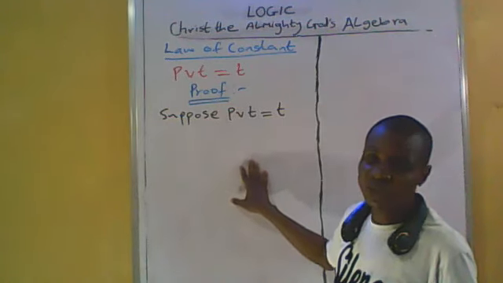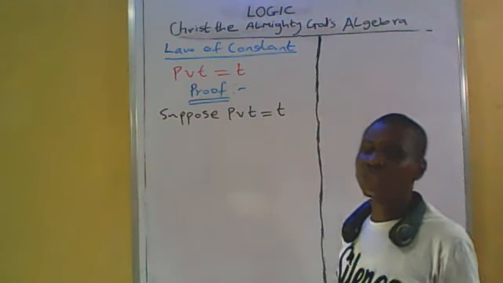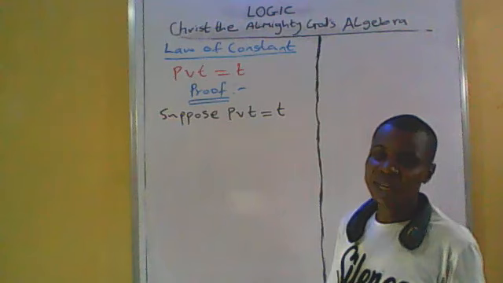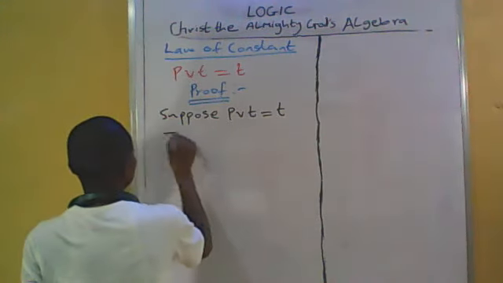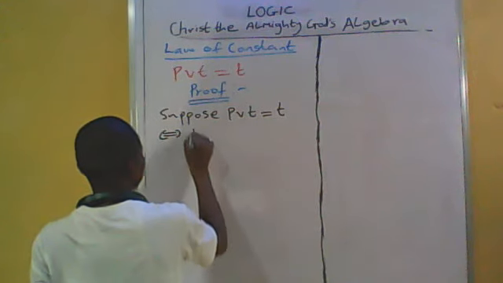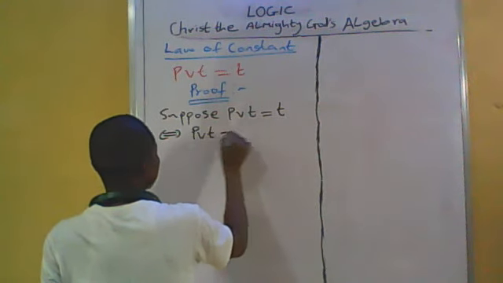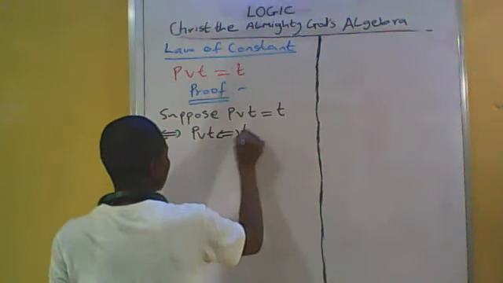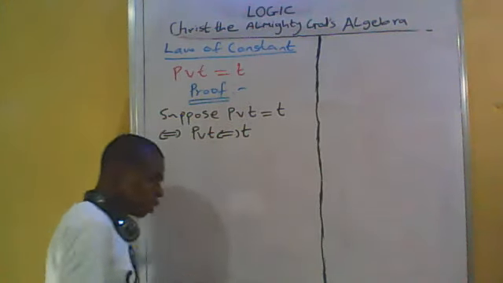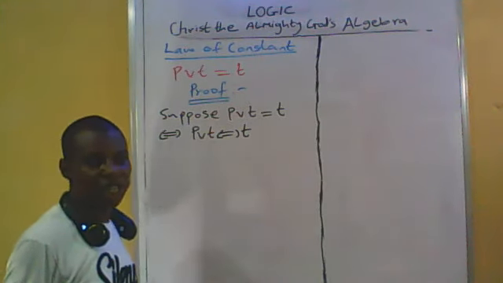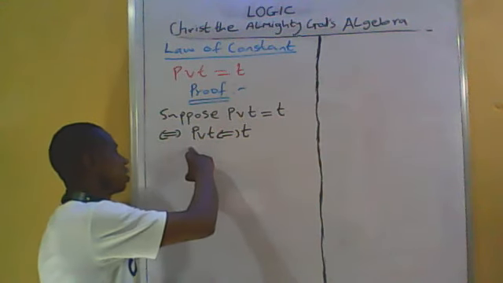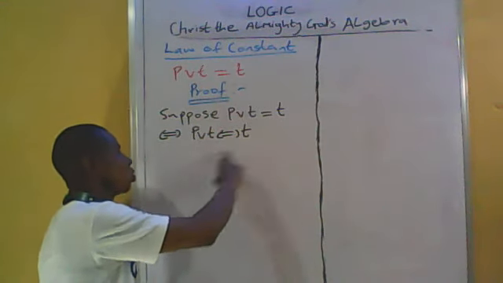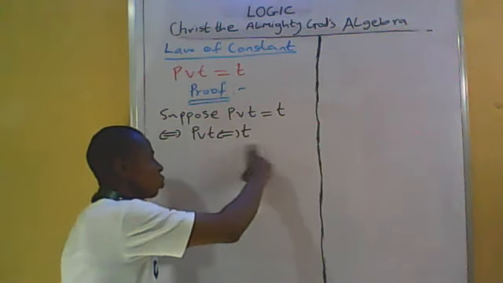Since it's logical equivalent, we can transform it to biconditional statement. P or T if and only if T. We have now transformed it to biconditional statement. That is, whenever the left side is true, the right side is also true.